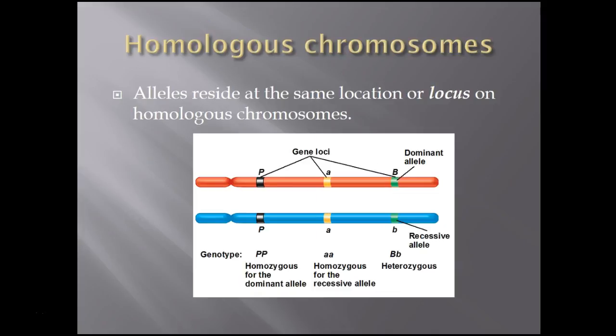Homologous chromosomes, the alleles, remember alleles are the different forms of a gene. You can find them at the same location. Scientists use the word locus for singular, and loci for plural. So you find those genes on the same location on homologous chromosomes.